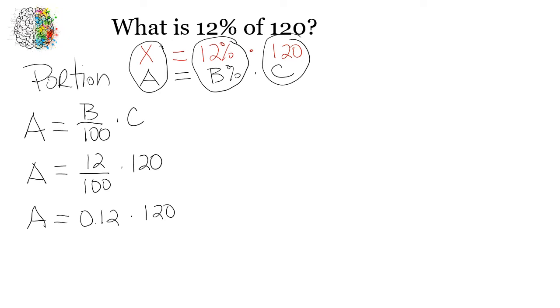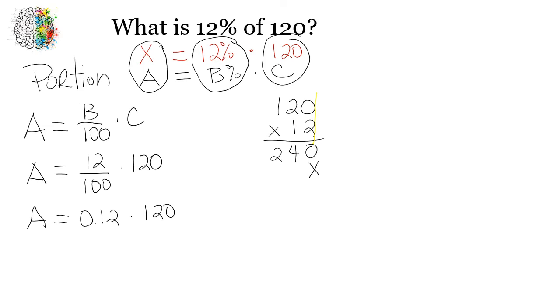So now I just have a multiplication by decimal problem. Let's set that up: 120 times 0.12. Remember that when you are multiplying decimals, you want to make sure things are lined up to the right, just like regular. So we're going to multiply. 2 times 0 is 0, 2 times 2 is 4, 2 times 1 is 2.